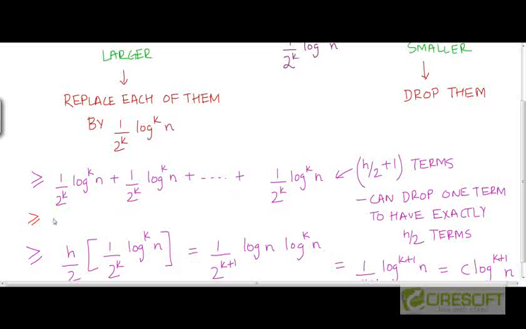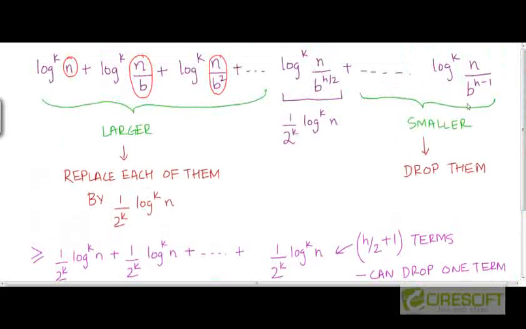So this is greater than or equal to 1 by 2 to the power k times log to the power k of n, and so on, with one term short. So by cutting off one term, we're getting something even smaller than this series. And let's ignore these smaller terms completely. Let's just drop them.